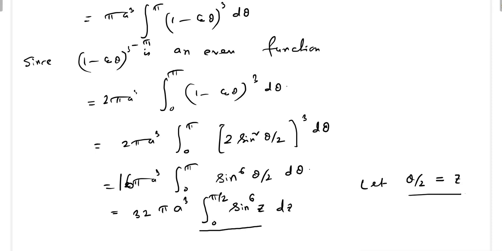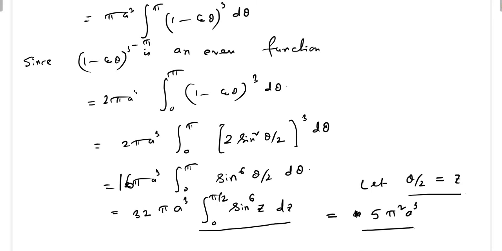And this is very well known to us. You can use the reduction formula, you can use the gamma function, beta function. Ultimately the answer will be 5 pi square a cube. All you need to know is how to simplify the problem, how to integrate. Integration is a strong tool, so you need to know how to integrate.